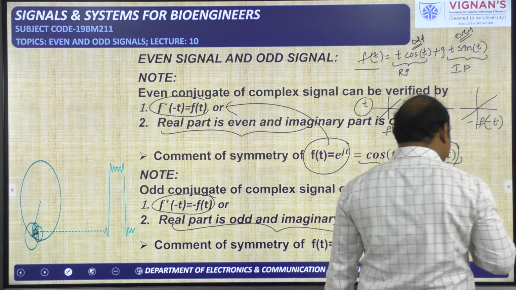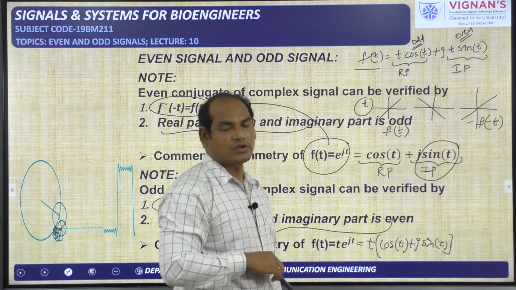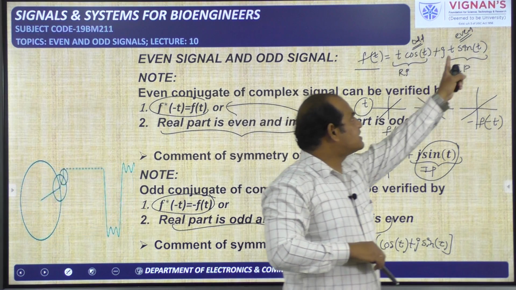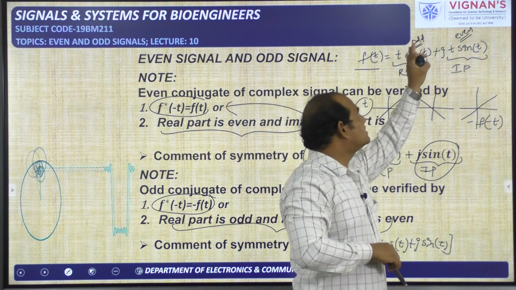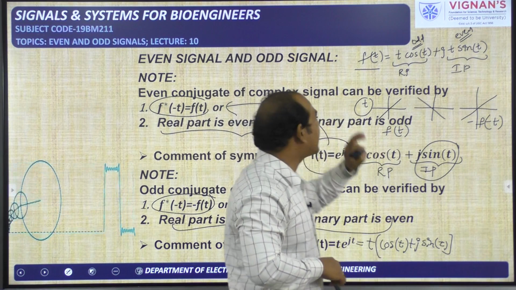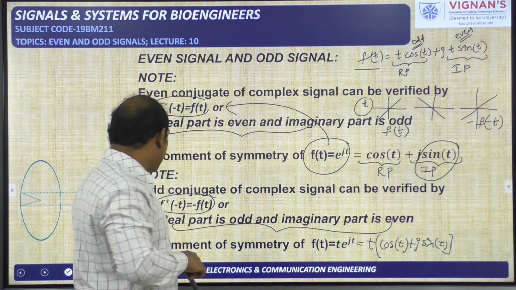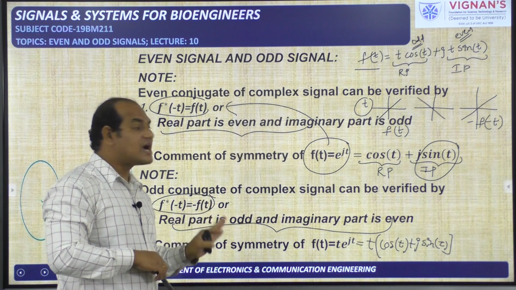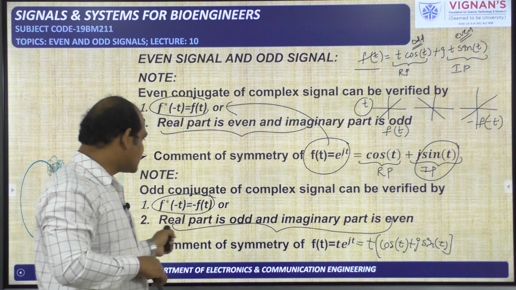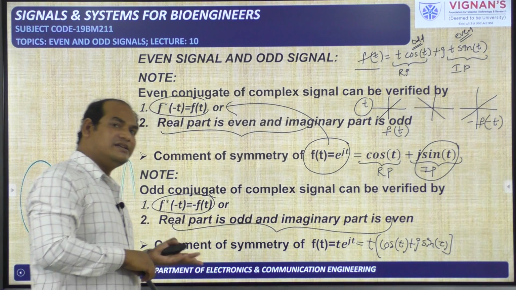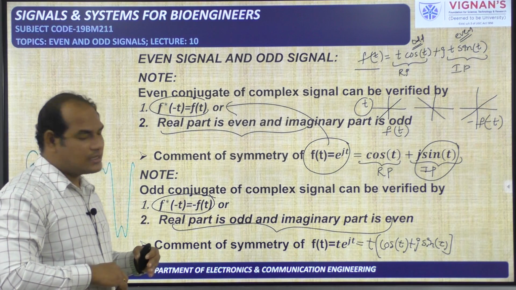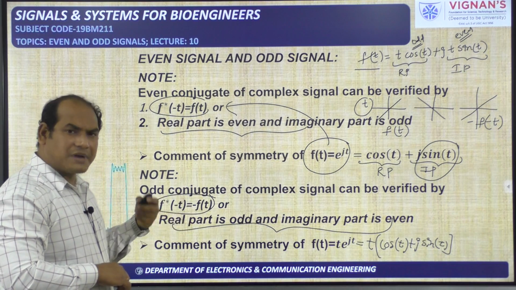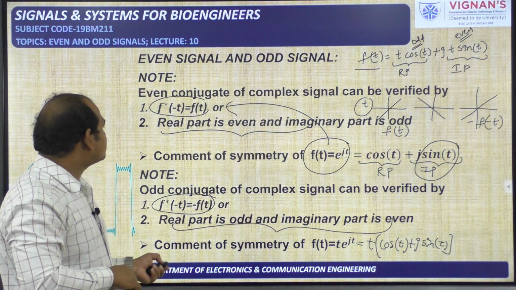So in this particular f of t signal, the real part is odd and the imaginary part is even, which means f of t is a complex signal having odd symmetry. We have now checked the second condition, and using it I can say the given signal has odd symmetry. Don't get confused here; just practice this and you will be familiar with it.